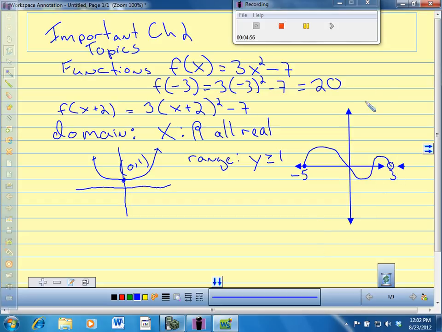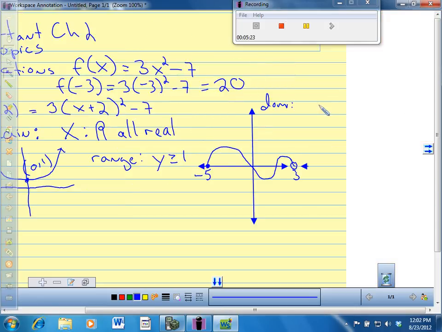What's the domain of that? Explain? Anyone? Easy. Where's x going from? From -5 up to 3, right? So you could write it like, yes, I heard you, x is greater than or equal to -5, and x is less than 3.